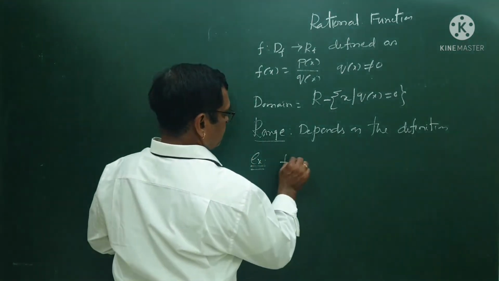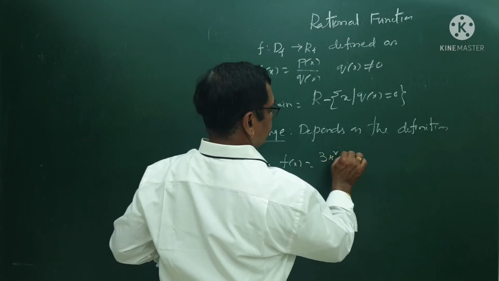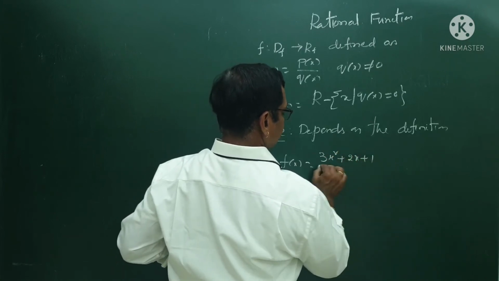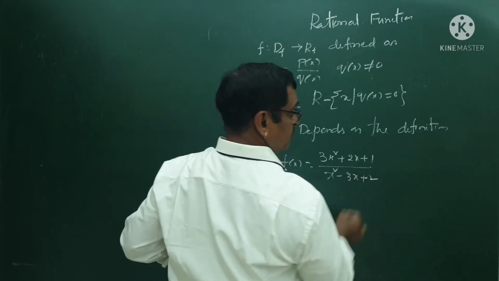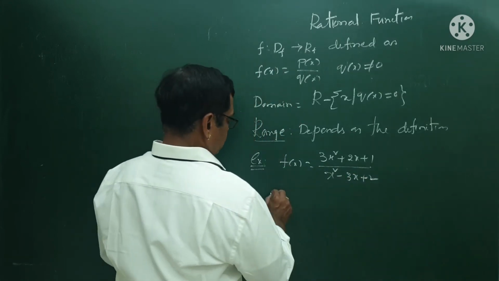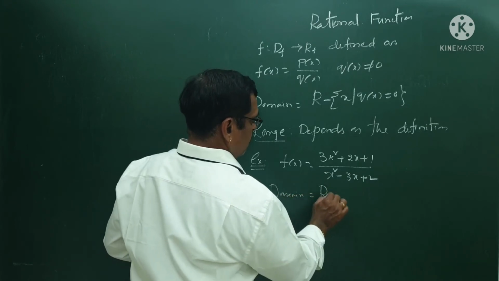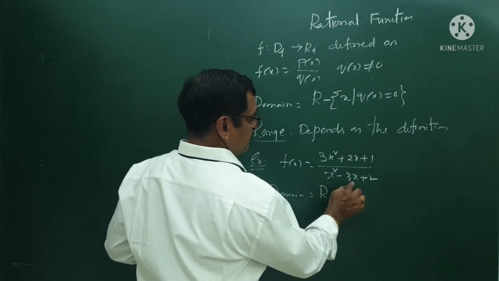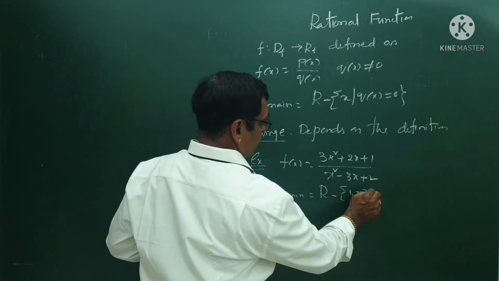Okay. Now look at some examples. My f of x is equal to 3x square plus 2x plus 1 upon x square minus 3x plus 2. So what is the domain here? Domain is equal to R minus the points where x square minus 3x plus 2 becomes 0, at 1 and 2. So I have to remove those.